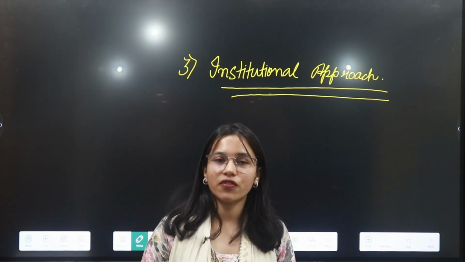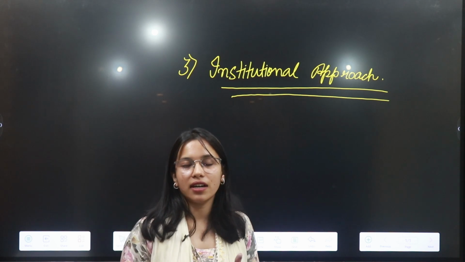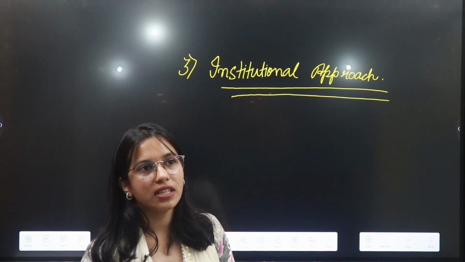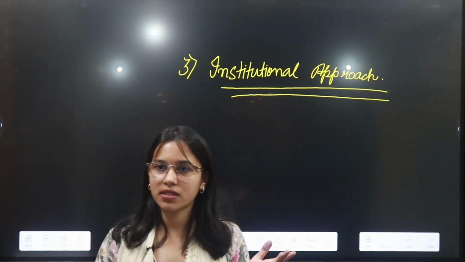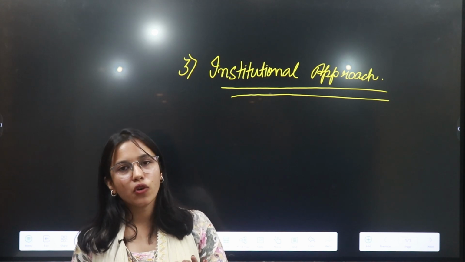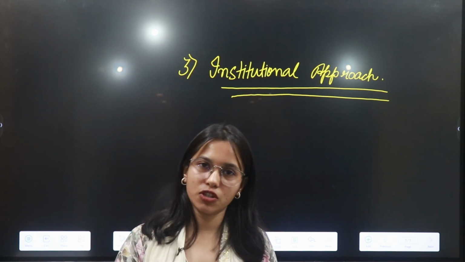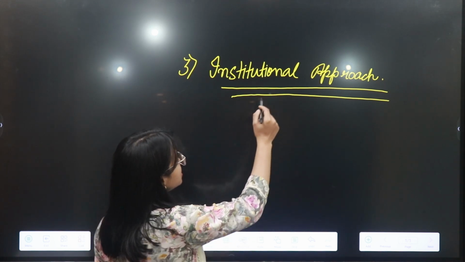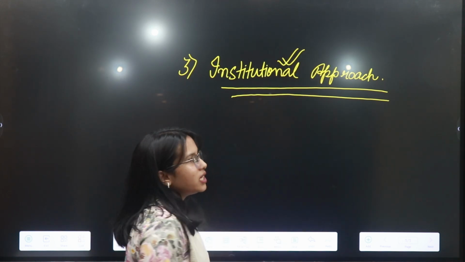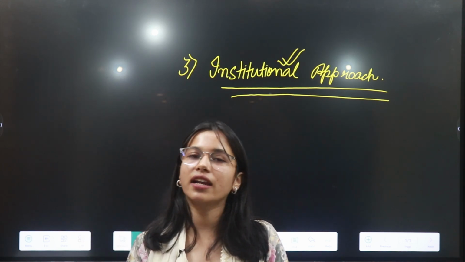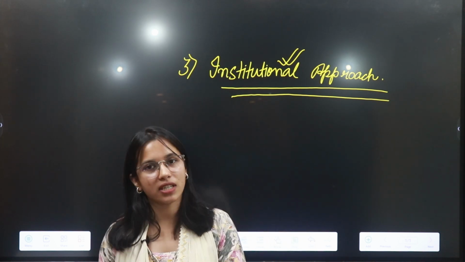In this kind of approach, the political scientist or the student who is studying the political theory ignores all factors other than the political institution. In the institutional approach, only the political institutions are considered as the sphere of study.